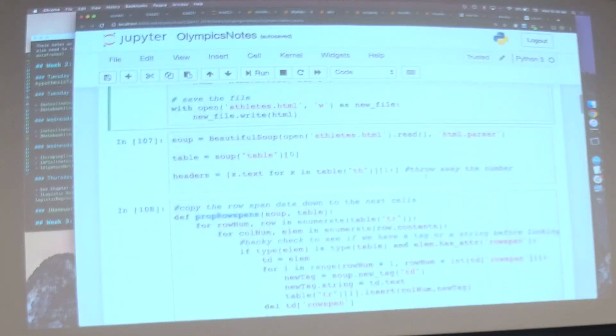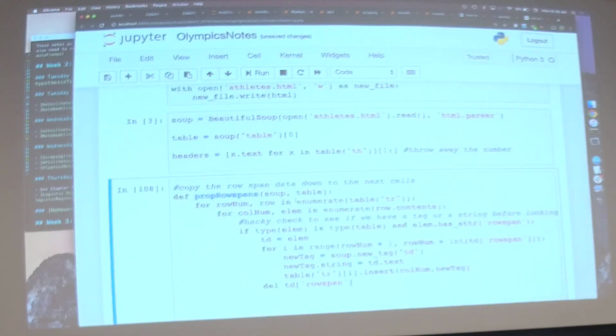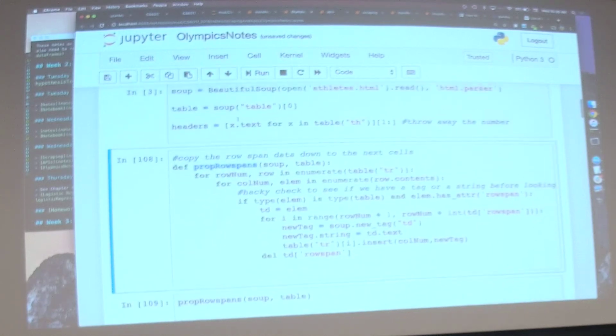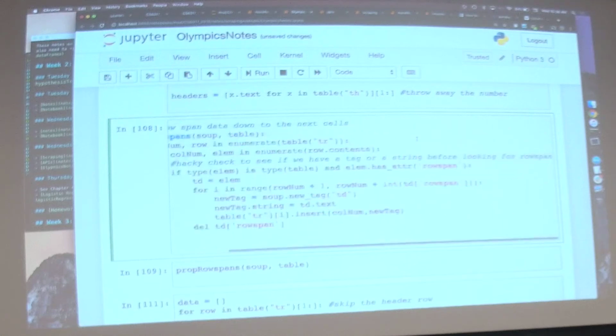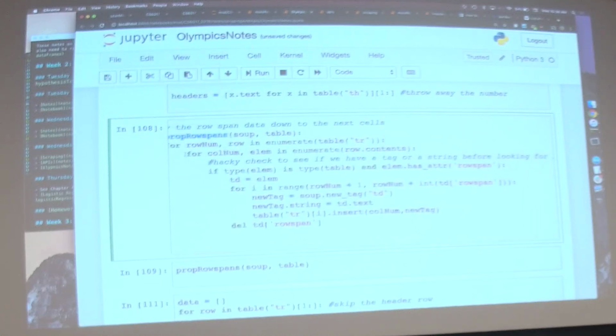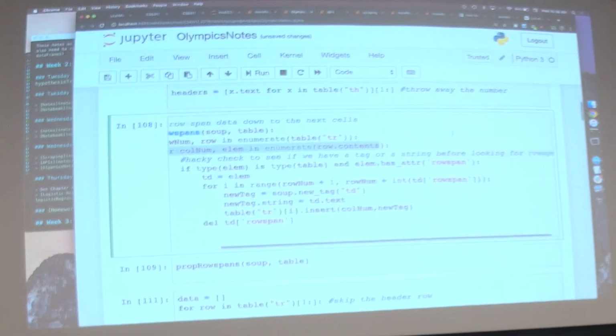Cool. So we got the names of the columns out of the first row, so the TH or the table header elements. Here is a function to basically copy the row spanning elements down to the next one. So basically for each row in the table, we're going to grab the element in that row.